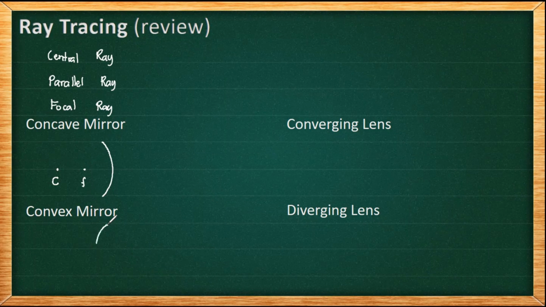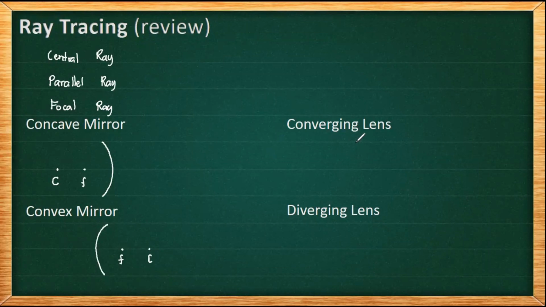A convex mirror is a mirror which bulges towards the observer, and the center of curvature for this is on the other side of the mirror. And then you also have F and C here.